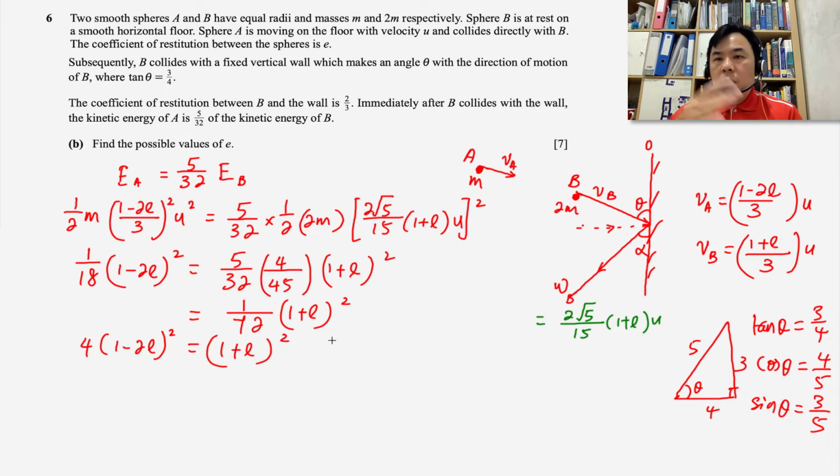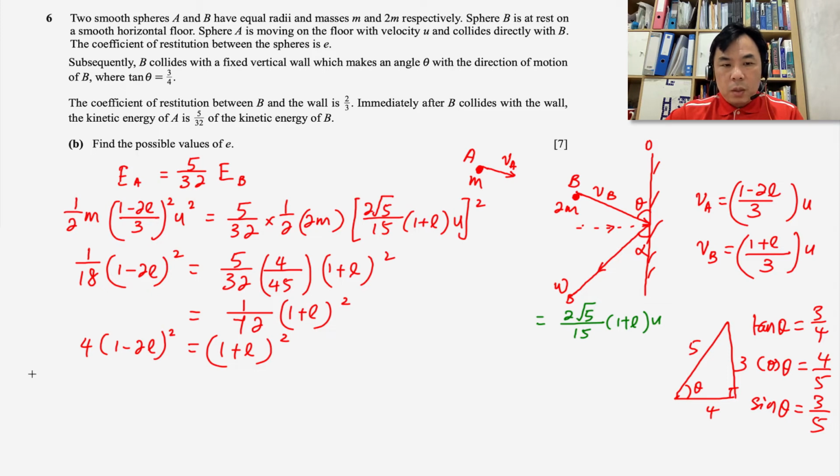Now, of course, there are many ways to do this. You can either expand everything, or I noticed that this is a square, so you can take the square root of both sides. When you take the square root of both sides, there is always that plus or minus that you need to pay attention to. So if I take the square root, it will be plus or minus.